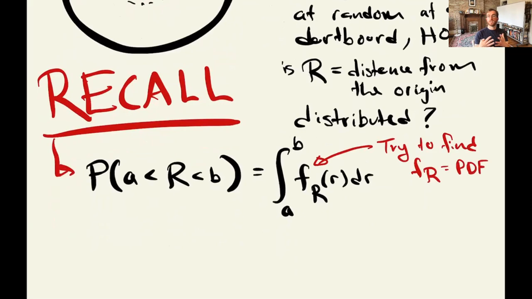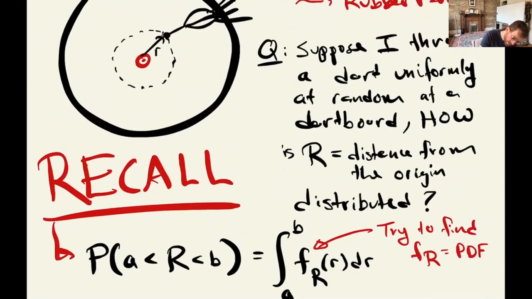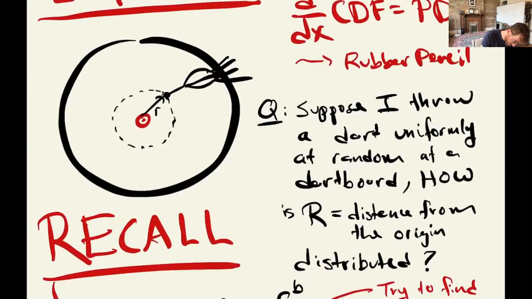Now, we know how to answer this question already sort of intuitively. Because I know that this is a uniform distribution, let's say I have A here. That's my distance A. And I have B here.